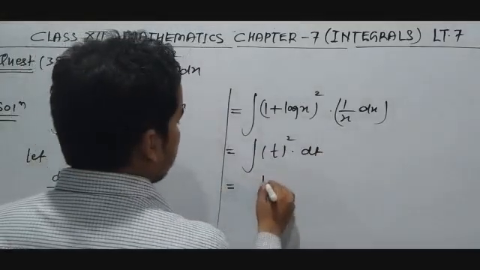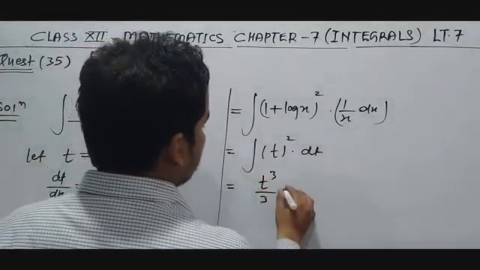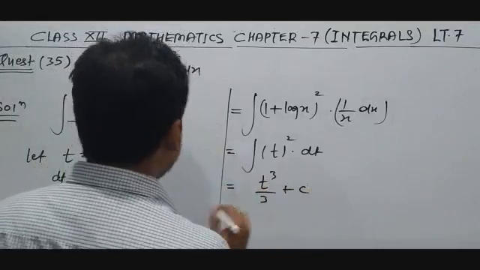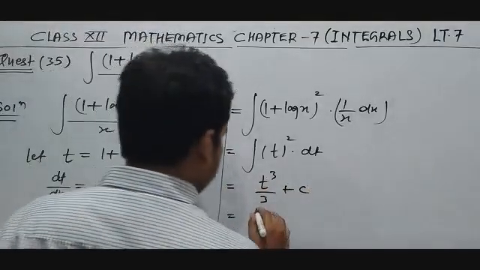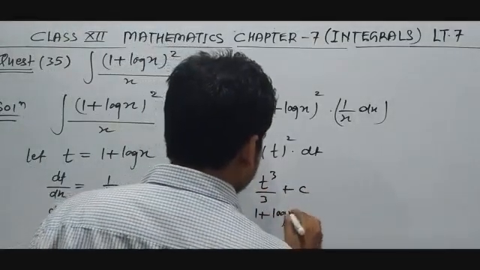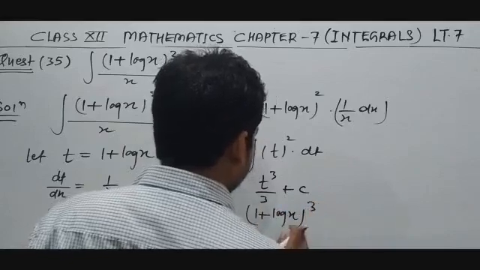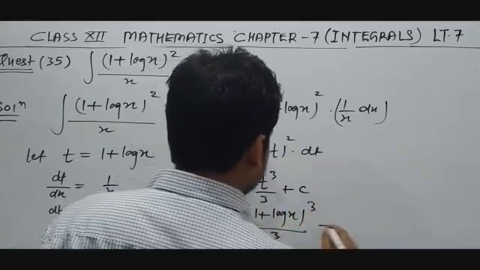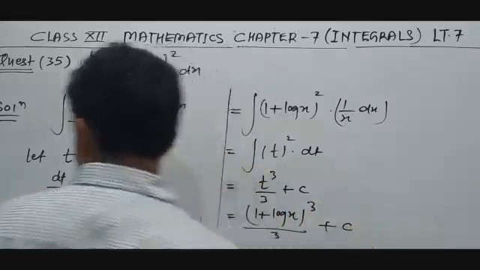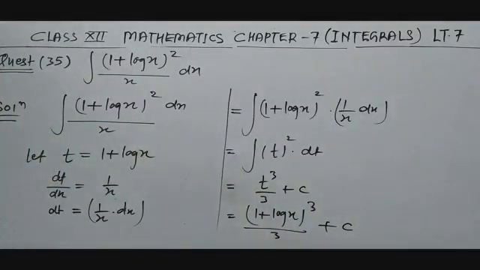So its answer will be t cube by 3 plus c, and put the value of t. t is 1 plus log x, so (1 plus log x) power 3 by 3 plus c. So question number 35 is completed. Now this is the answer.